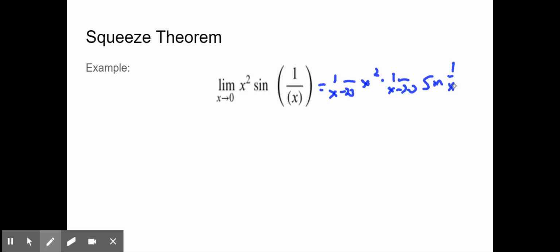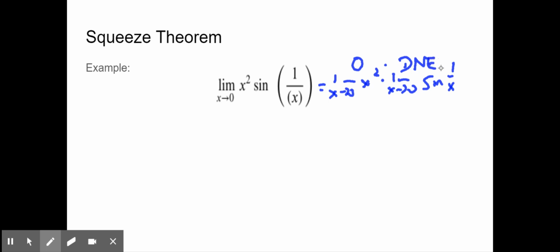Okay, so we could separate them. All right, so the limit as x goes to 0 of x squared would just be 0. The limit as x goes to 0 of sine of 1 over x, sine of 1 over 0, that's undefined. Sine of undefined, I have no idea what this is. So this to me looks like it's some kind of limit that doesn't exist. That would be my guess just by looking at it.